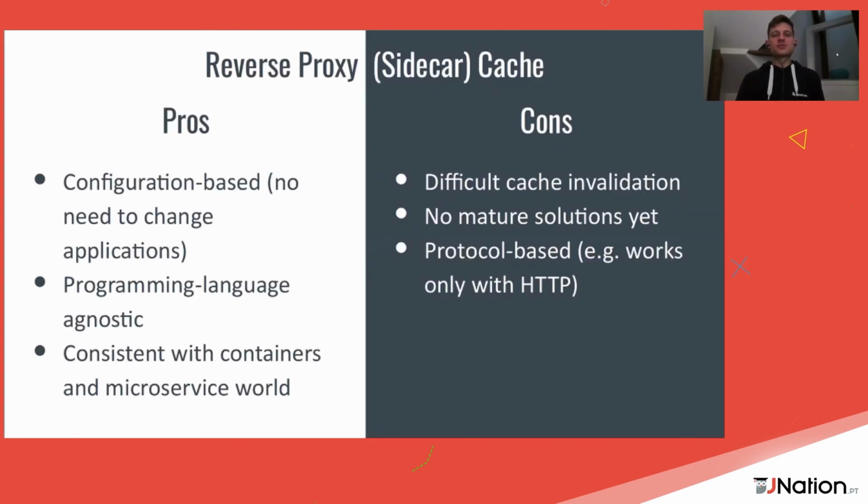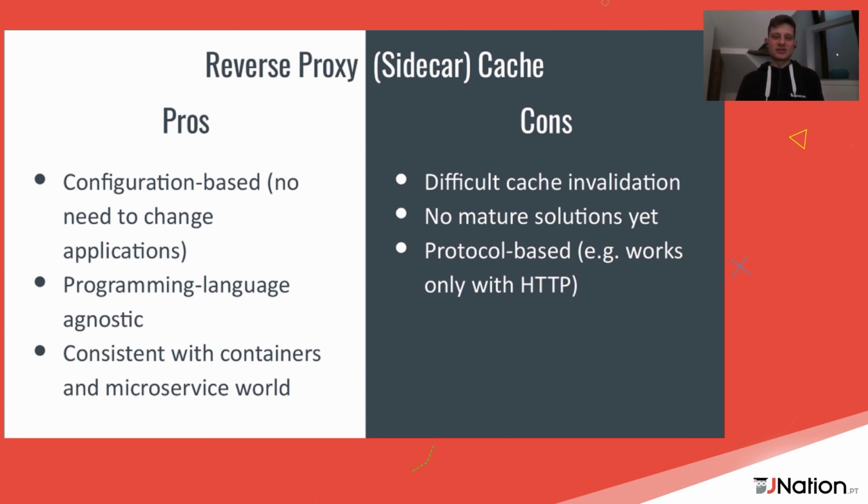Short summary about reverse proxy and reverse proxy sidecar caching. From the good sides, the reason why you would use it is that it is configuration based. In a declarative manner, you can decide what is cached. That is great. It's programming language agnostic.